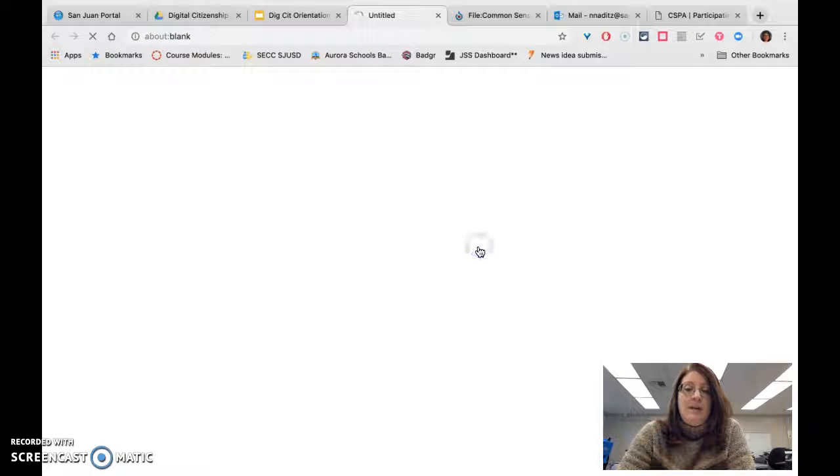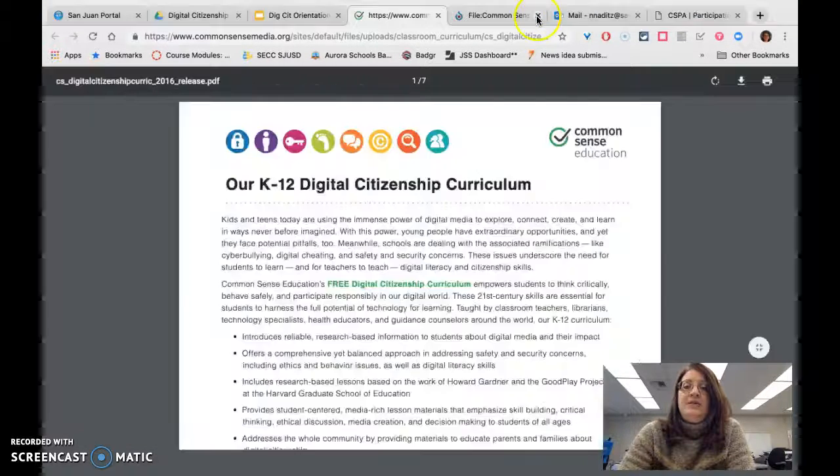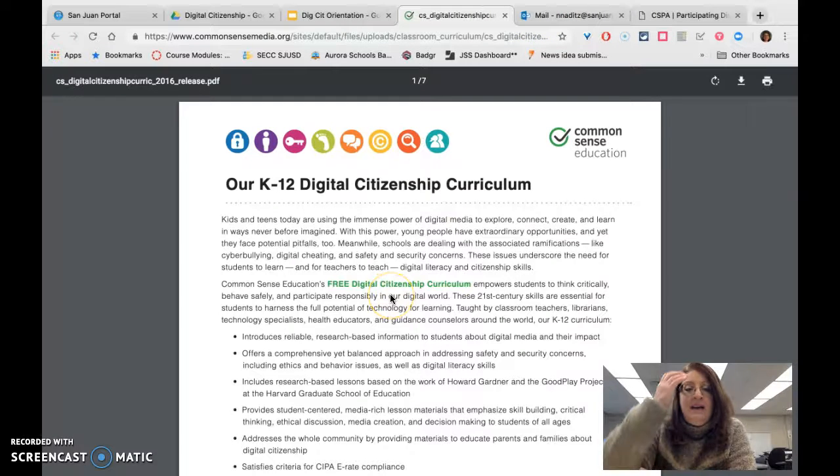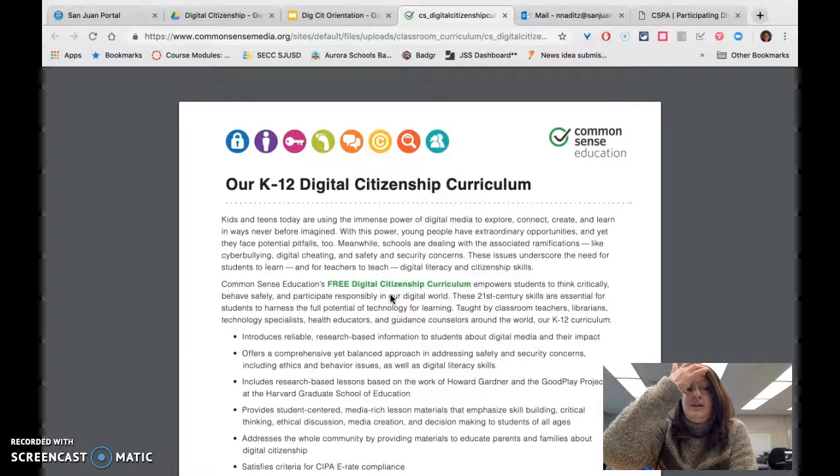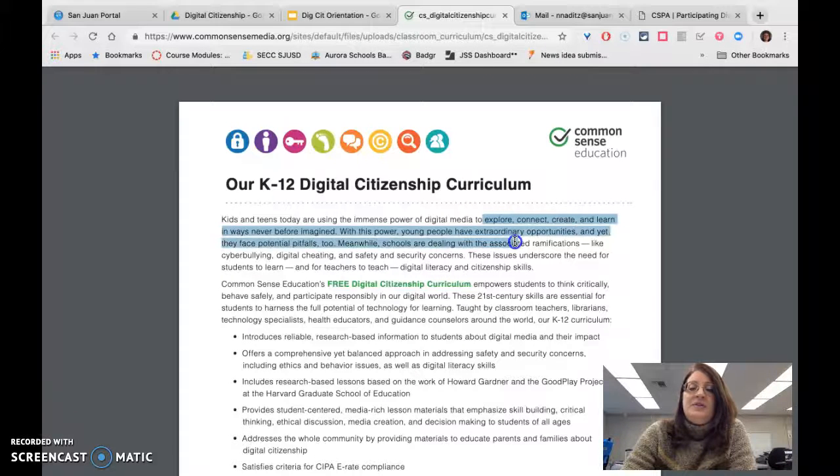So when we look at this definition, or it's not really a definition, but when we look at this page from Common Sense Media, we can see that the key essentially is that exploring, connecting, creating, and learning online poses many opportunities, but also pitfalls.